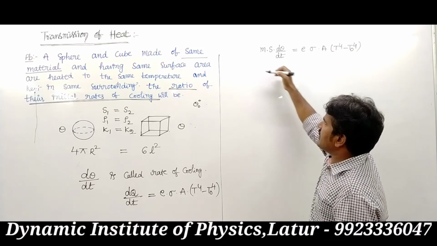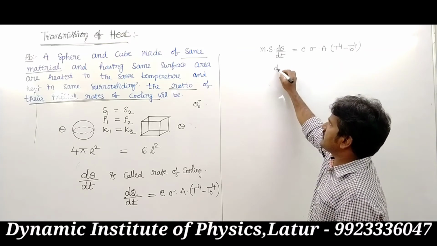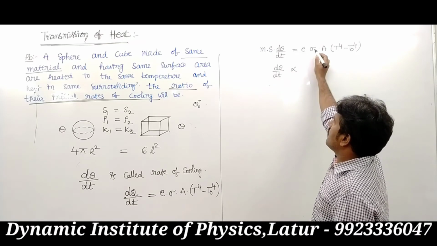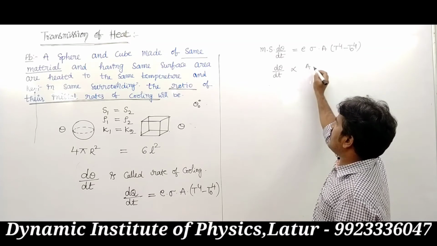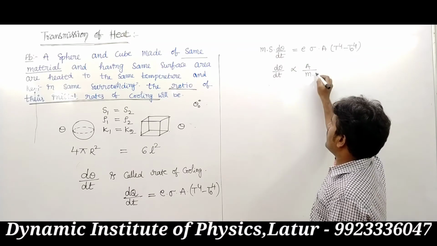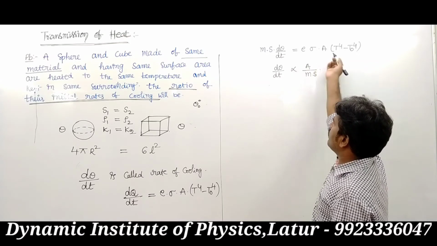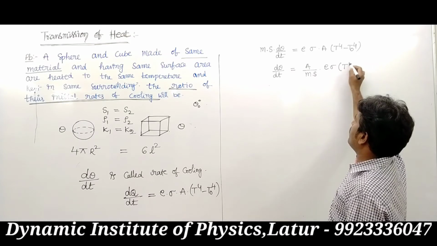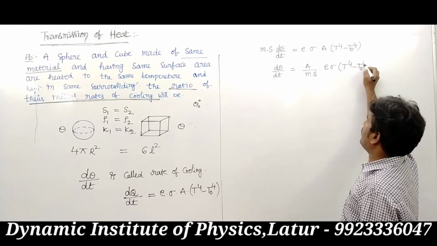So in this equation, d theta upon dt, the rate of cooling, is proportional to A upon m s, times E sigma (T power 4 minus T naught power 4).